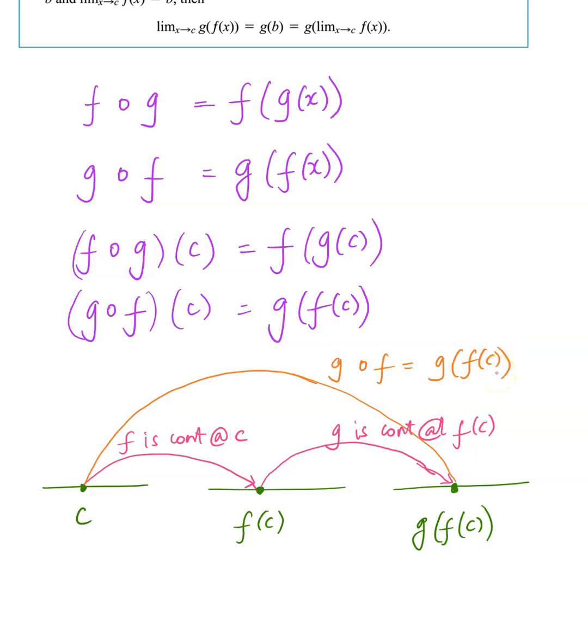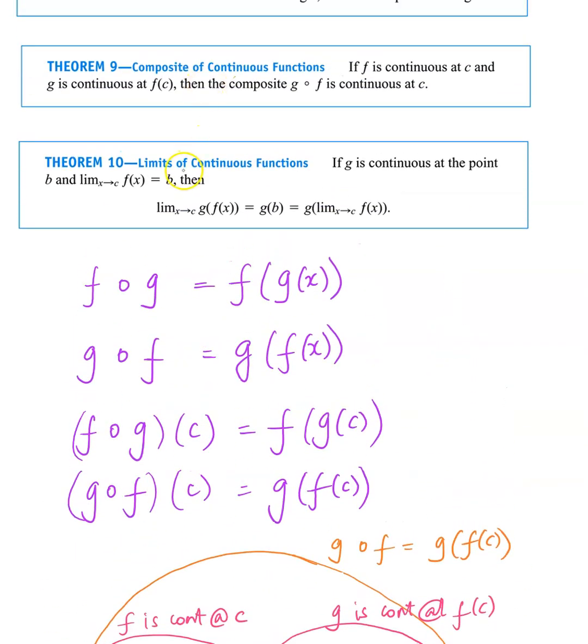So the theorem really helps you to bridge that connection from C all the way to g of f of C, which is a composition of two functions. And we're saying the composites of continuous functions are continuous. That's what this means. Now, what does the second one mean? It says limits of continuous function. So this is interesting.